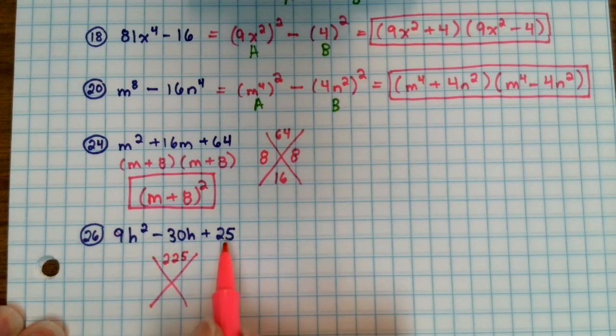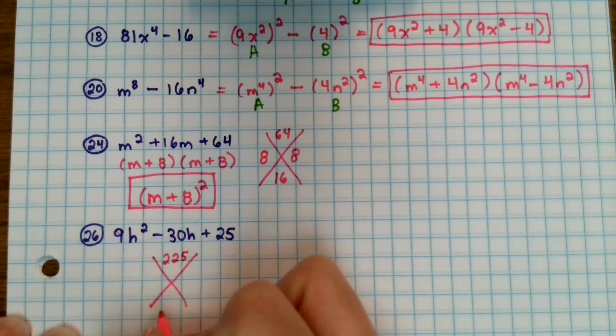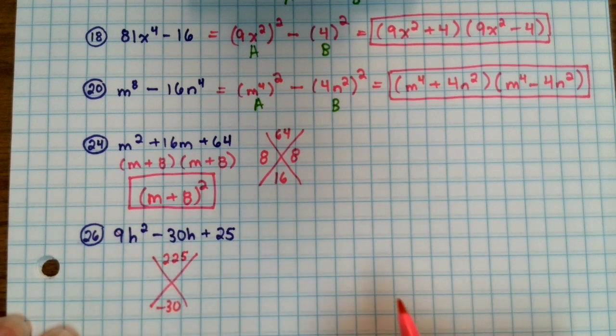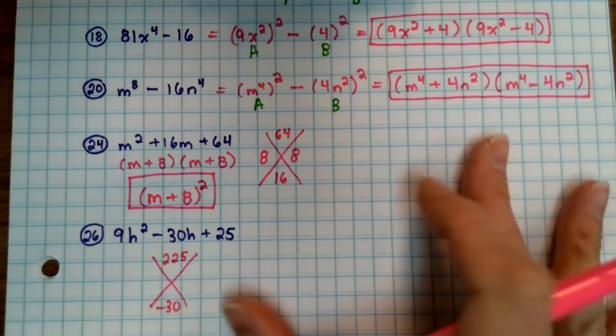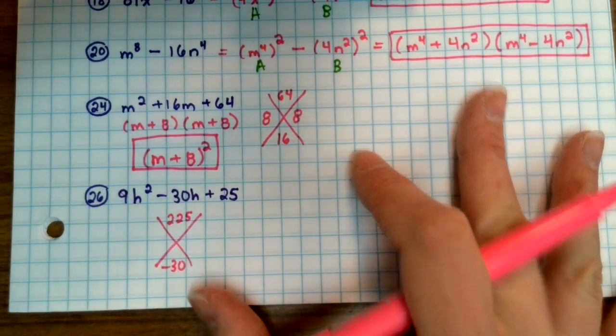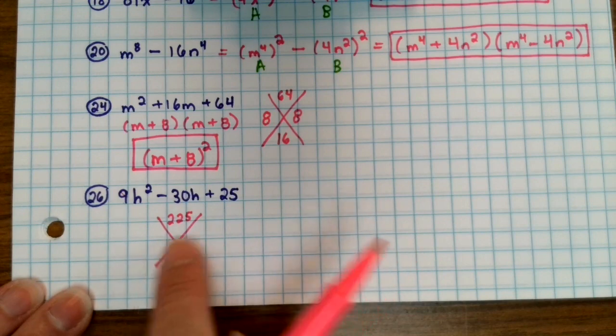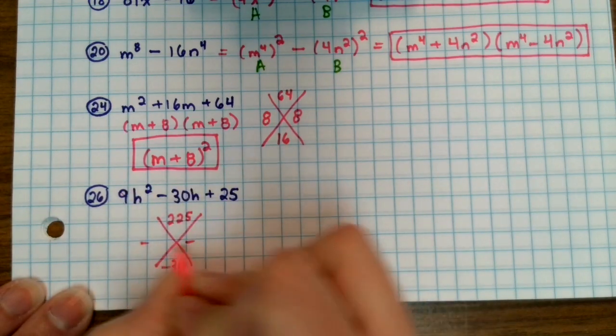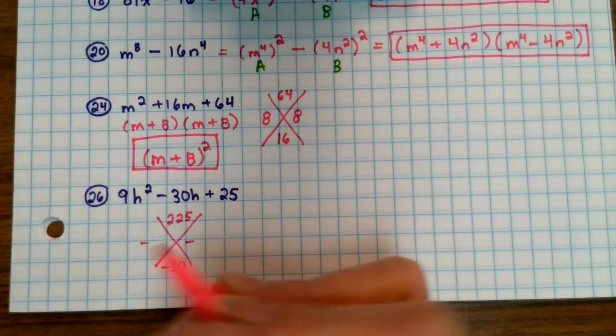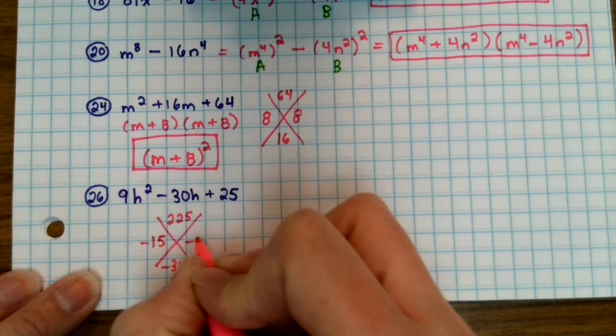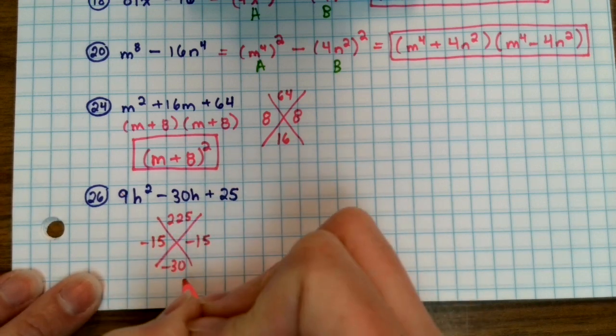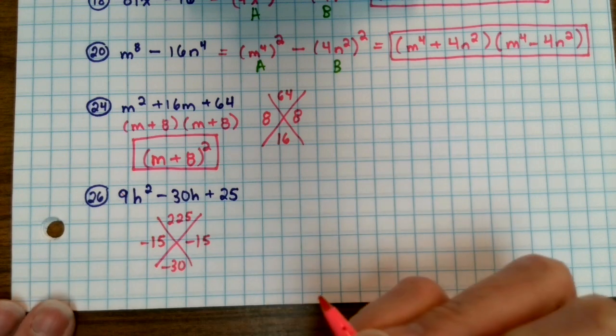And then we're trying to figure out, okay, what's going to multiply to 225, but then also give me negative 30? Well, if they're going to add to get to a negative, keep in mind this means that both of these have to be negative. And both of those numbers end up being 15. So negative 15 times negative 15 is 225, but then adds to negative 30.